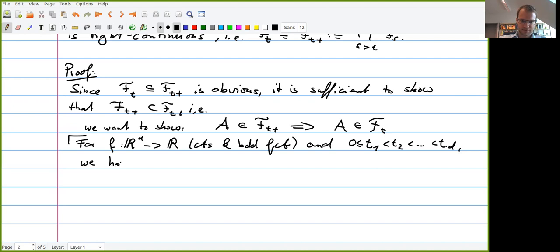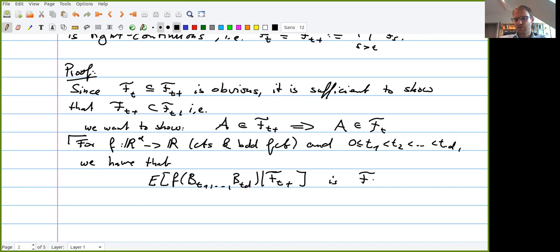we have that the conditional expectation of f evaluated at the points B_{t_1} up to B_{t_d}, conditioned on the filtration F_t plus, is F_t measurable.